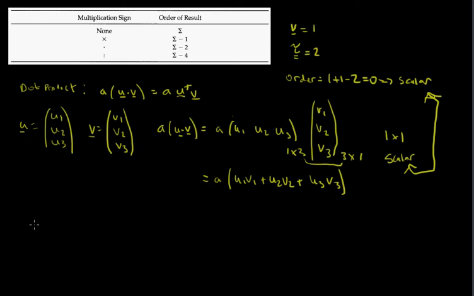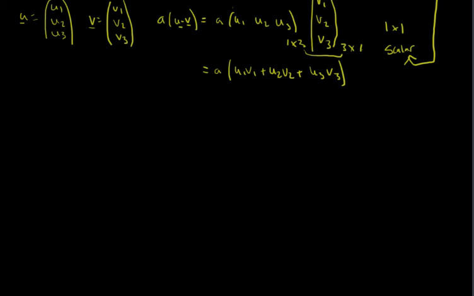So next I'm going to look at the dyad. Let me scroll down a little bit. So dyad, which in mathematical language is called the outer product, if you want to look it up in a math textbook for some reason, whereas the dot product is called the inner product in mathematical notation.